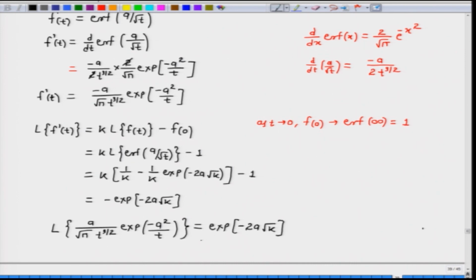So, this is one more formula that we have derived, which is the Laplace transform of a over root pi t to power 3 by 2 times exponential minus a square by t. It should be equal to exponential minus 2a root k.